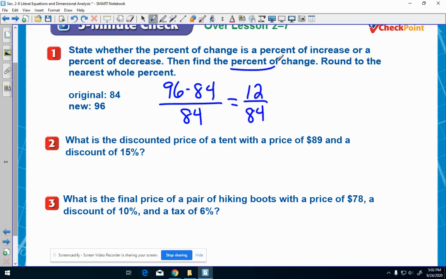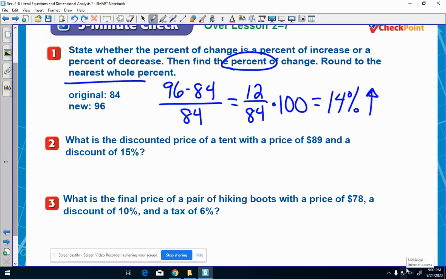To find the percent of change, we multiply that by 100. So 12 divided by 84 times 100 gives me 14.2857. But the directions say to the nearest whole, so we're going to call that 14%. And because it went from 84 to 96, we recognize that as a percentage of increase.